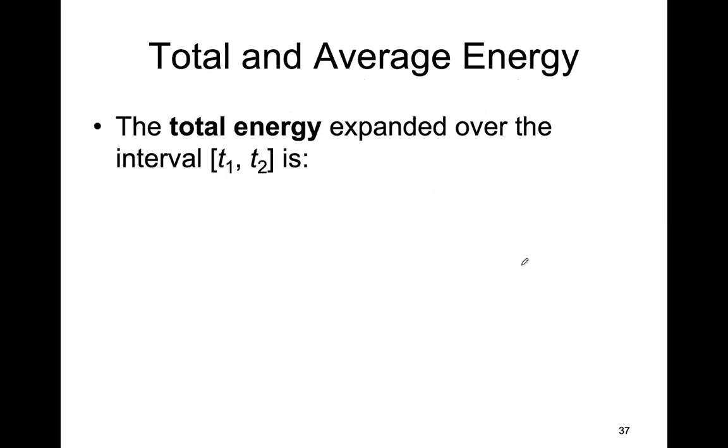If we are talking about total energy, it is coming from the power. It is like I am adding up all the instantaneous powers between a certain time instant until another time instant.